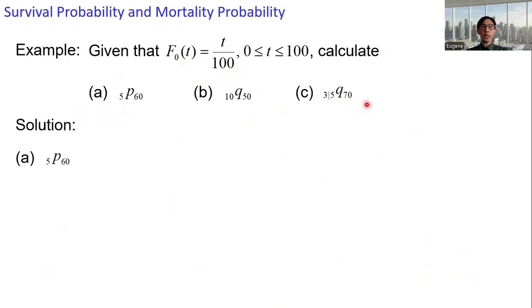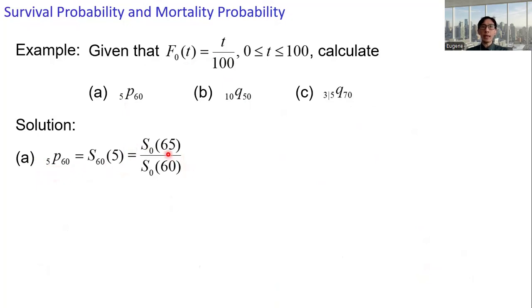All right, so part A, 5p60, a person at age 60 can survive to 5 years at least. So we have S60 of 5 corresponds to the symbol 5p60. So this is S0 of 65 over S0 of 60.